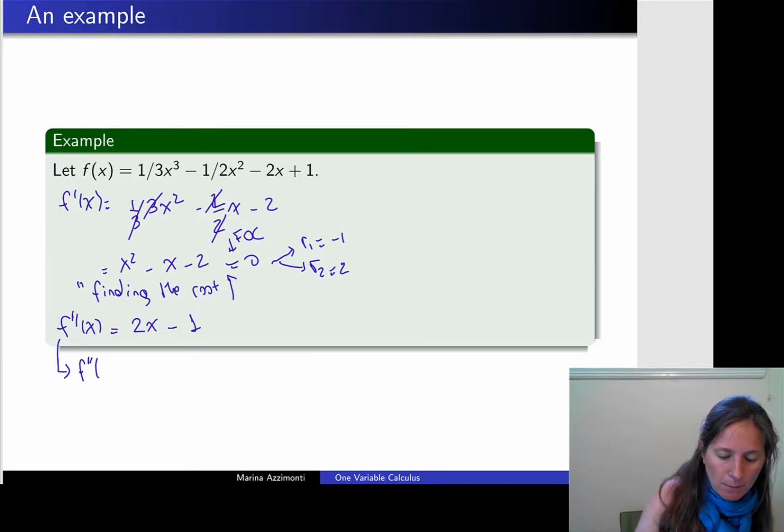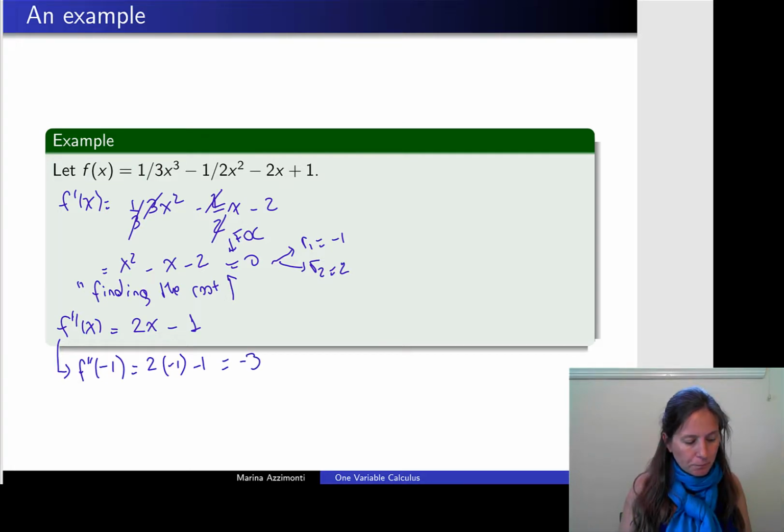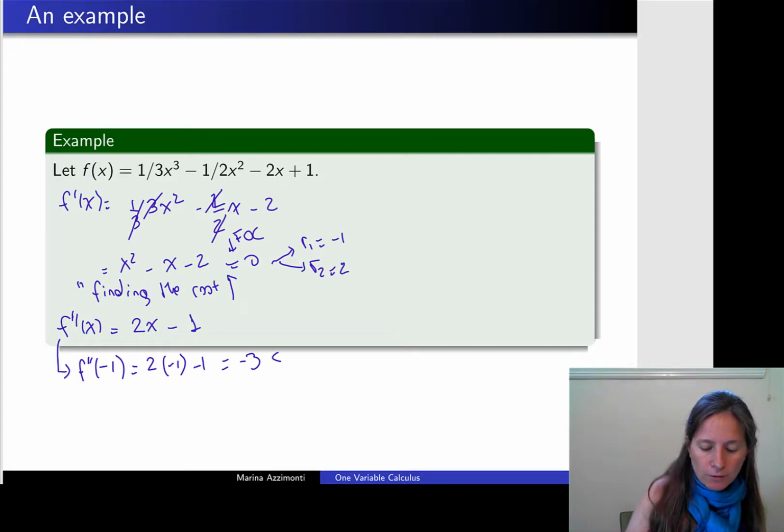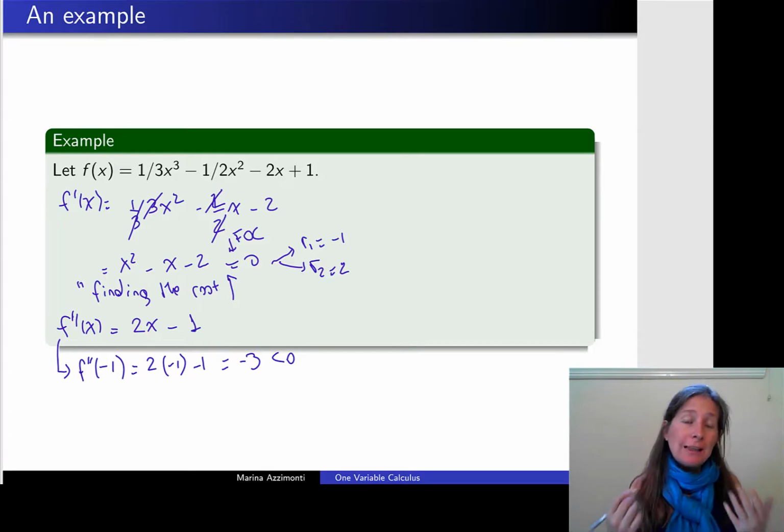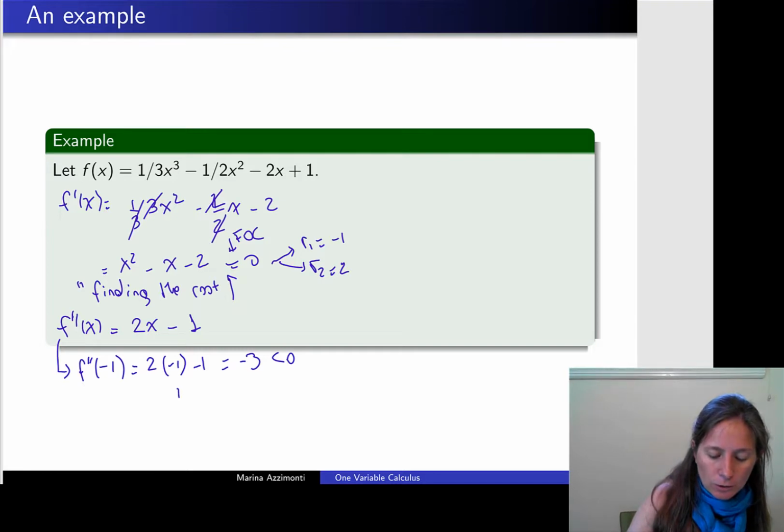So f prime prime at minus 1 is 2 times minus 1 minus 1, which is equal to minus 3. So this value is negative. At this point, the function is strictly concave. So x star equals minus 1 is an interior local maximum.